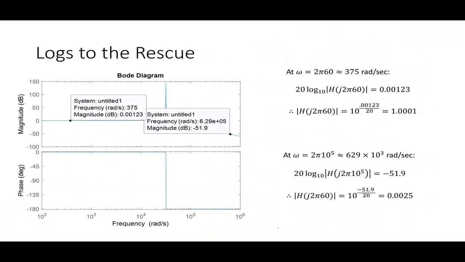So in this case, I put those numbers in. If you do 2 pi 60, it's about 375. It's actually closer to 377, but it was really hard to get that on my graph. What I see is the magnitude in dB is 0.00123.